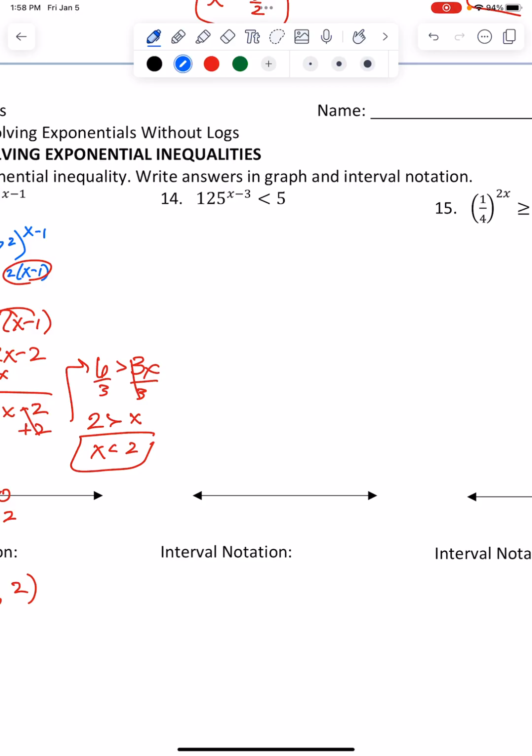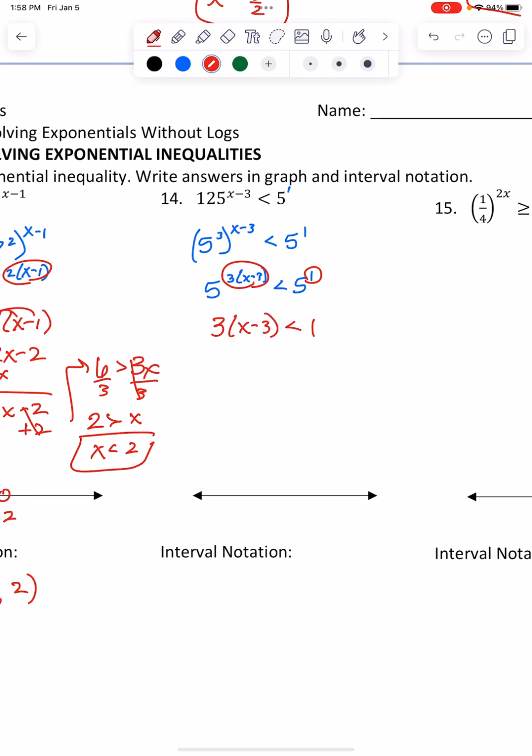So this side over here is 5 to the first, so we need to see 125. We can rewrite as 5 to the third. Okay, so again, we're going to multiply. So we'd have 5 to the 3 times x minus 3. It's less than 5 to the first, so now that they're both base 5, we're going to go 3 times x minus 3 is less than 1.